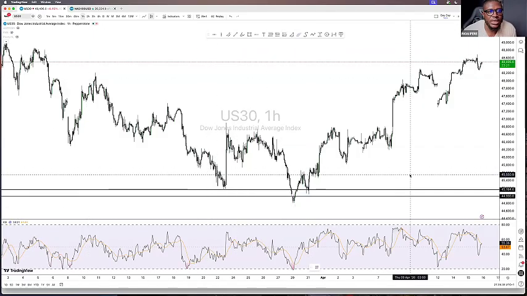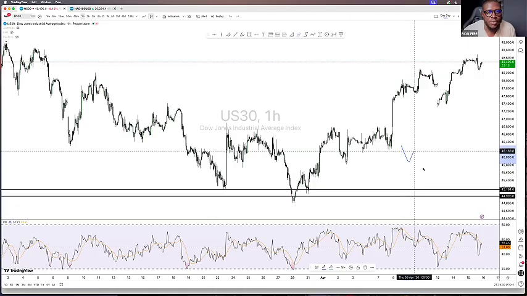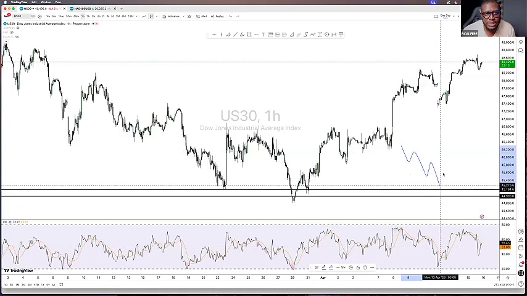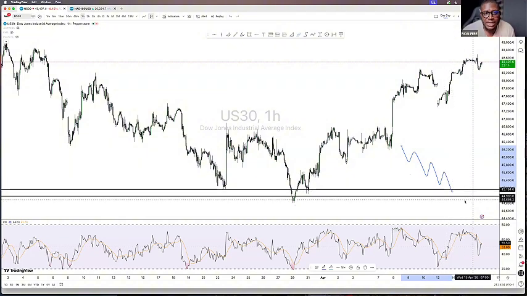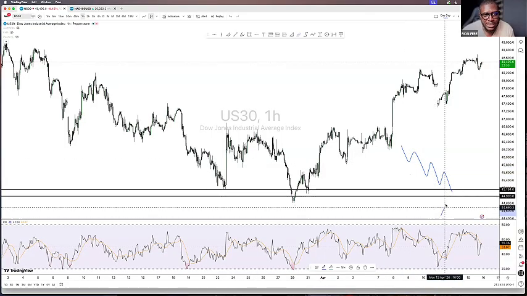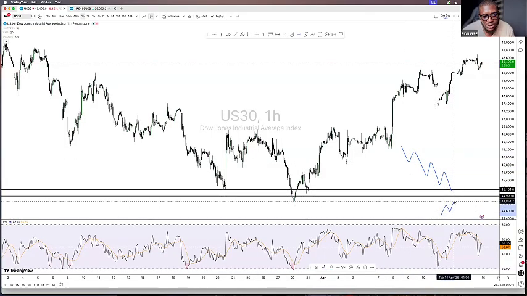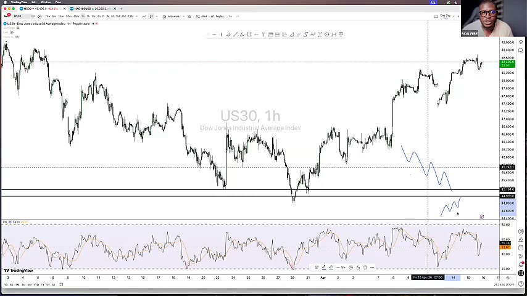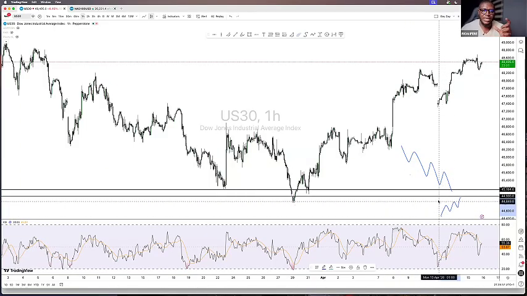The market is making a bearish movement like this, but the RSI is doing the opposite. So when the market is bearish, instead of the RSI also being bearish, the RSI starts to look bullish. This is a divergence. It means that the RSI is bullish, but the market is bearish. What that starts to show you is exhaustion and indecision.